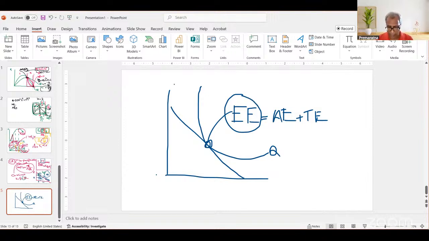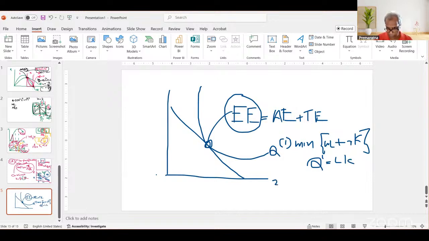Typically, producers reach this point in two ways, and there is no need to do both. One way is that producers try to minimize cost, which we call cost minimization, given an amount of output.